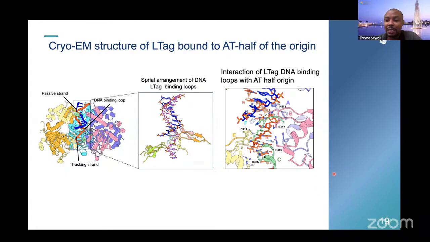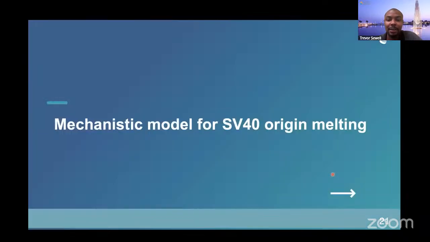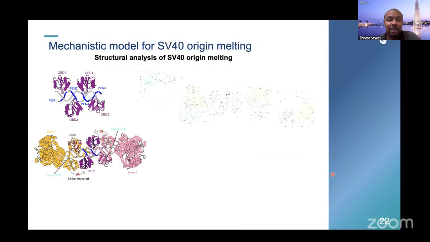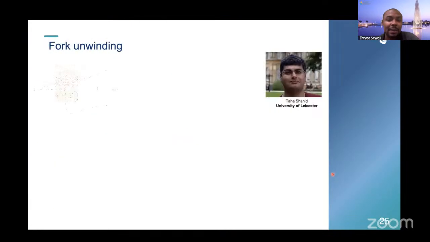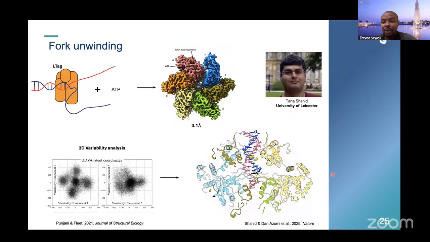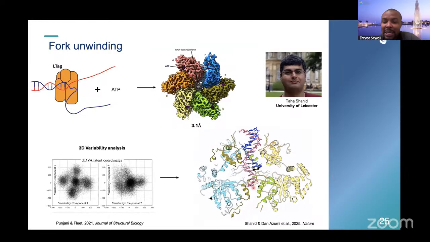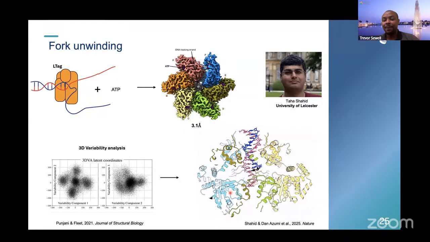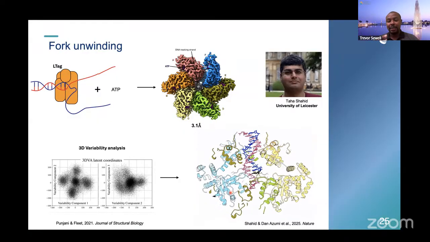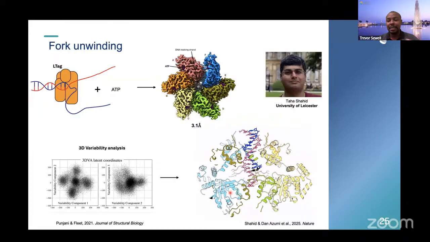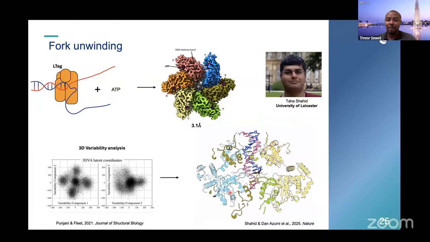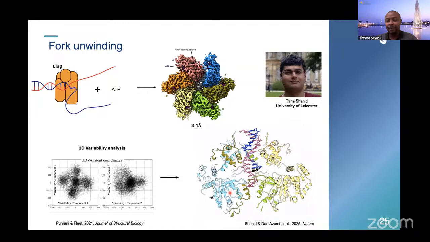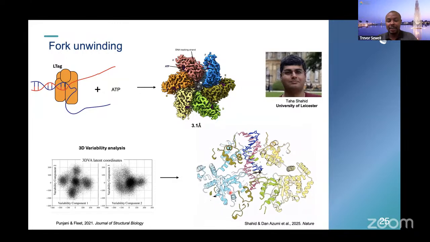Yes, so this is exactly what Taha showed in his structure here in this movie. What happens is that at the interface of this hexamerization, you have the ATP at the interface.